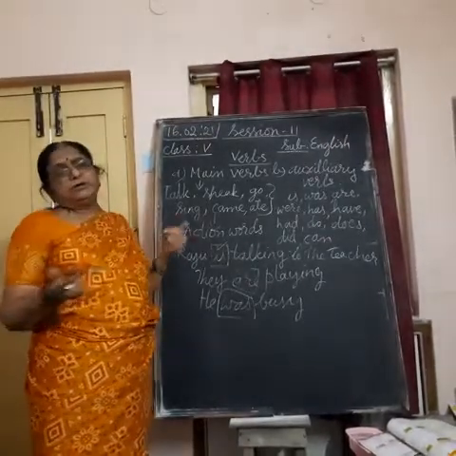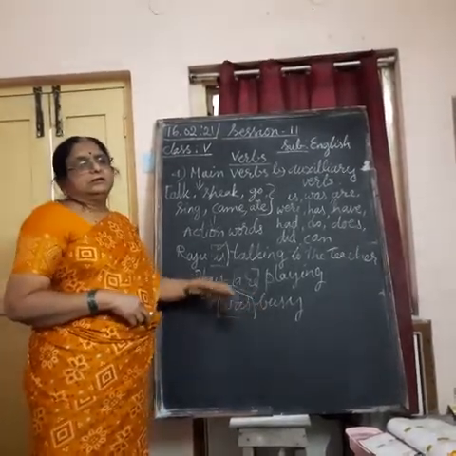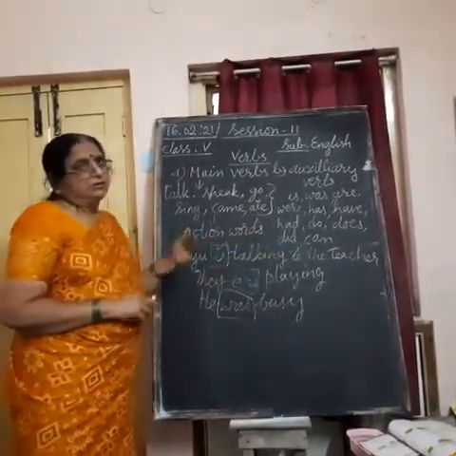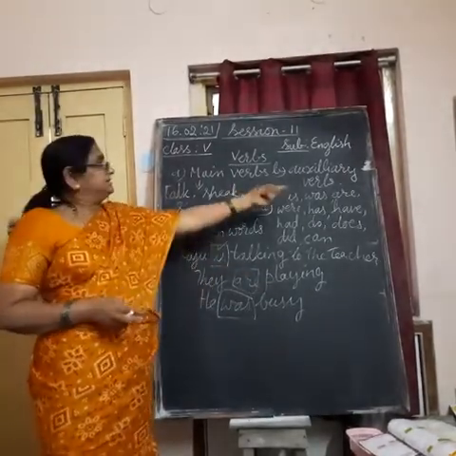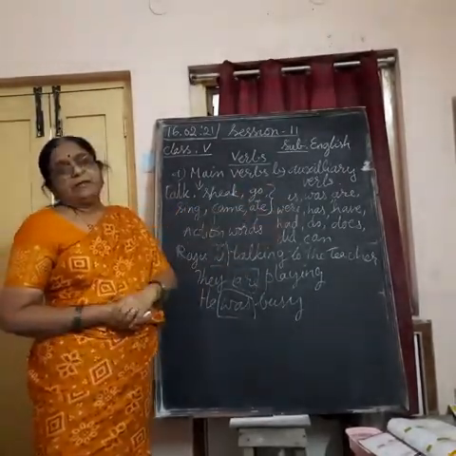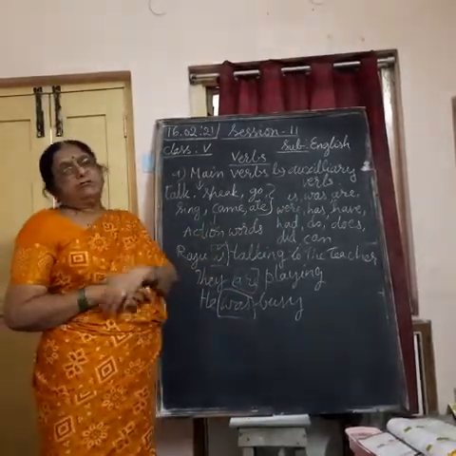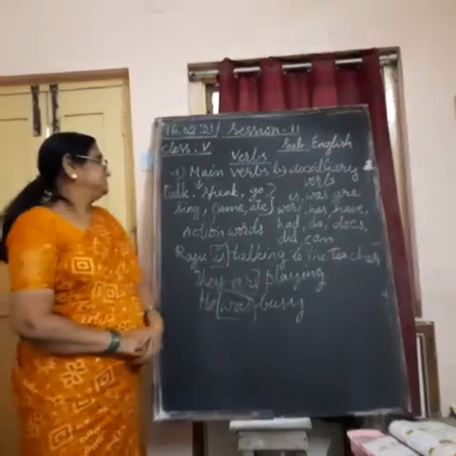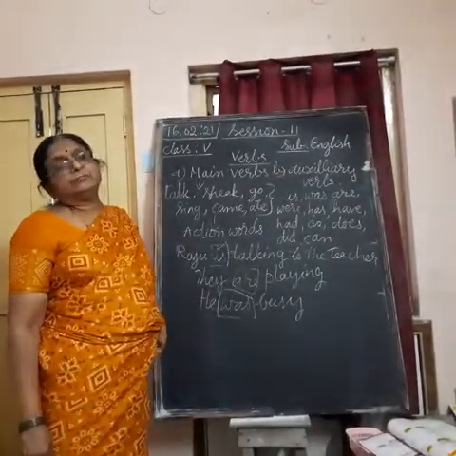"They were going to village." "They going to village" will be wrong. "They were going to village" is correct. "Were" is in past tense form. See, the helping verb "were" helps the subject "they" to form a complete sentence. "She has done her homework."